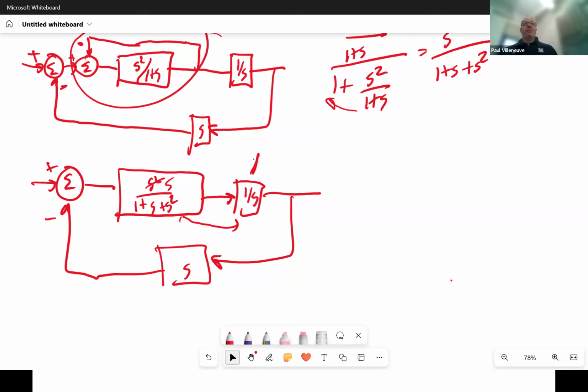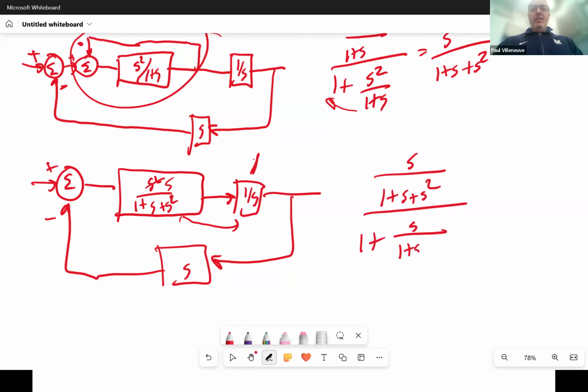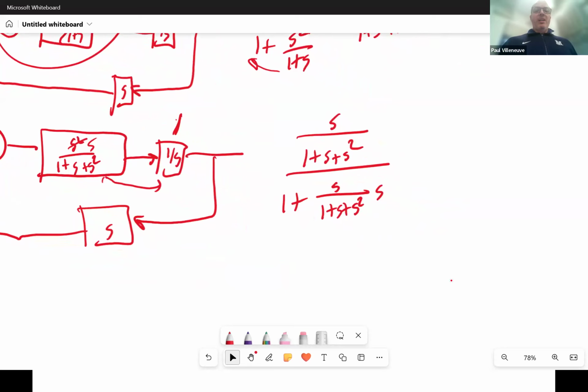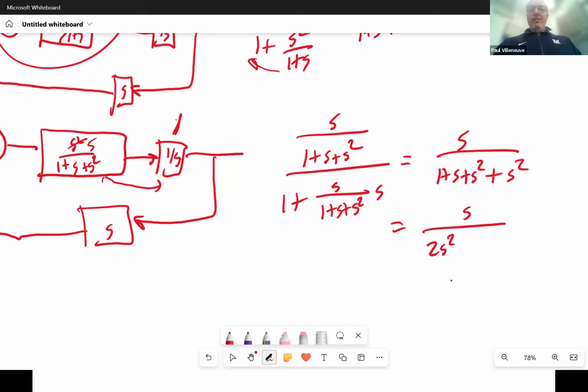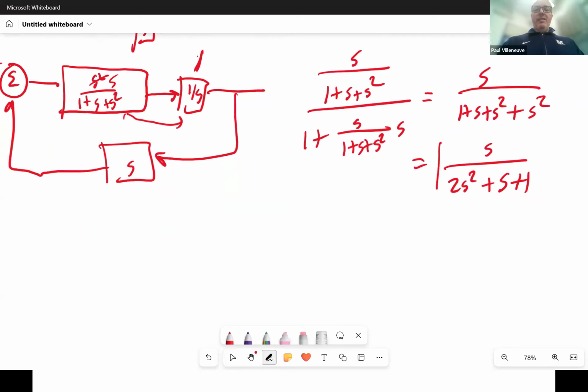S squared times 1 over S becomes just S. And so when I do the negative feedback, my G, which is S over 1 plus S squared, over 1 plus GH, times S. I put it again under a common denominator, invert and multiply. I have S over 1 plus S squared plus S squared, which is S over 2S squared plus S plus 1. And that's my final transfer function.